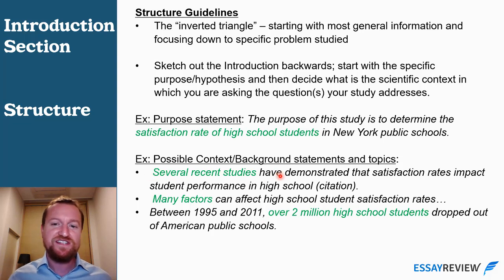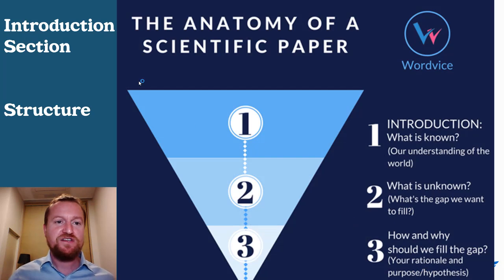So, "Several recent studies have demonstrated X." "Many factors can affect high school student satisfaction rates," and then specifically using time ranges. "Between 1995 and 2011, over 2 million high school students dropped out." Notice that these are concrete details, and we always want to be as detailed as possible when articulating anything in the study. So this is the inverted triangle.